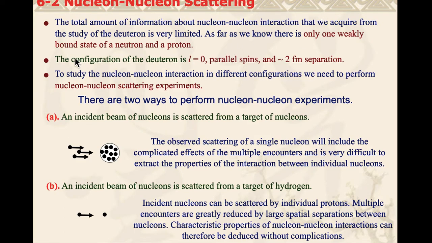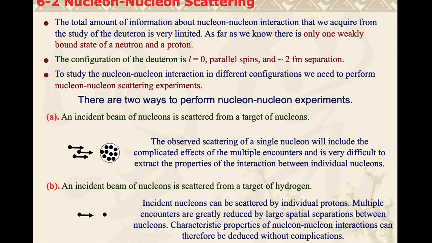So here, the total amount of information about nucleon-nucleon interaction that we acquire from the study of deuteron is very limited. As far as we know, there is only one weakly bound state of the neutron and proton.